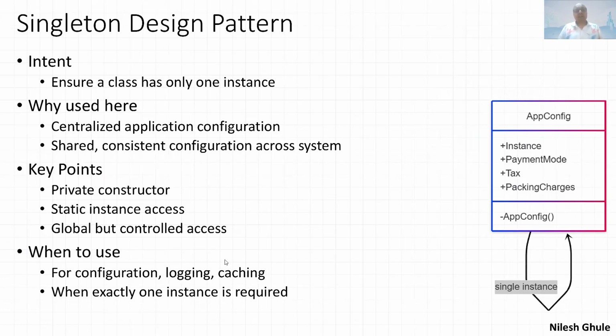In the singleton design pattern, it is ensured that the class will have only one instance and it will be accessible throughout the application. And this is commonly used for configuration, logging, or caching. These are certain common system applications. Now, how are we going to make a singleton in this application? Do you recall that in our application, we have made certain things hard-coded, like the discount threshold, tax percentage, or the discount rate?